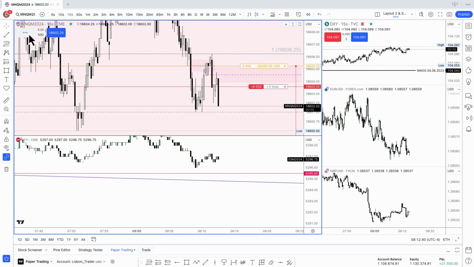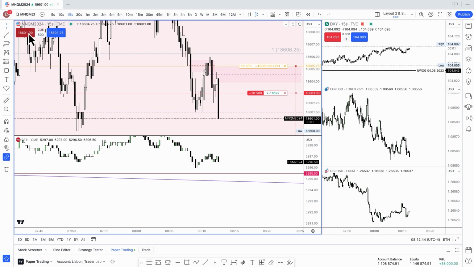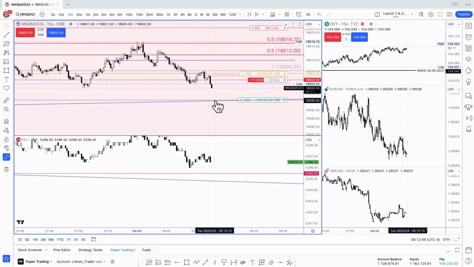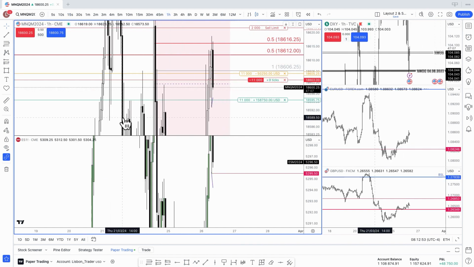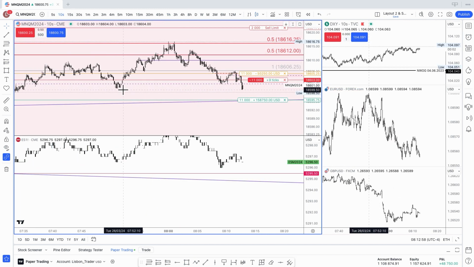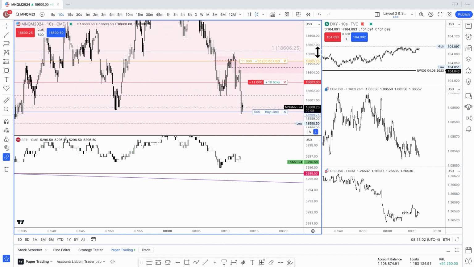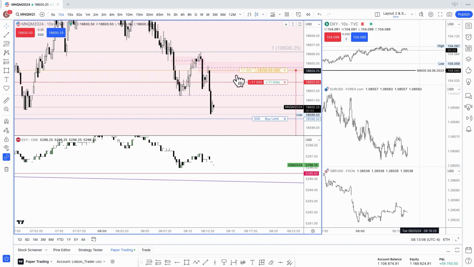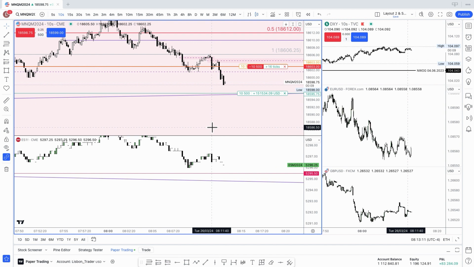Stop goes there. Keep on building a 50k position. There, 50k position built. Okay. So want to see this low been taken. Stop to break even. Nice.